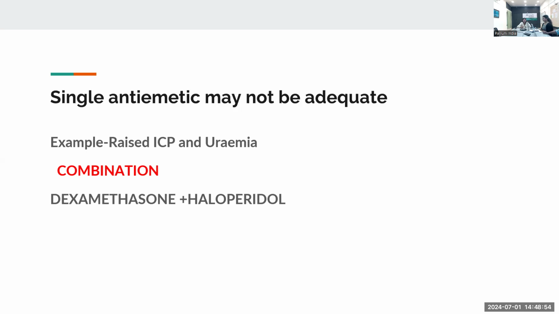For example, in raised ICP and uremia, you can give a combination of dexamethasone and haloperidol. It is not that you give only an antiemetic, but you have to think why the second one is added. You have to give the first one in the regular dose and the regular way, and if it is not working, as an adjunct you can add one more.